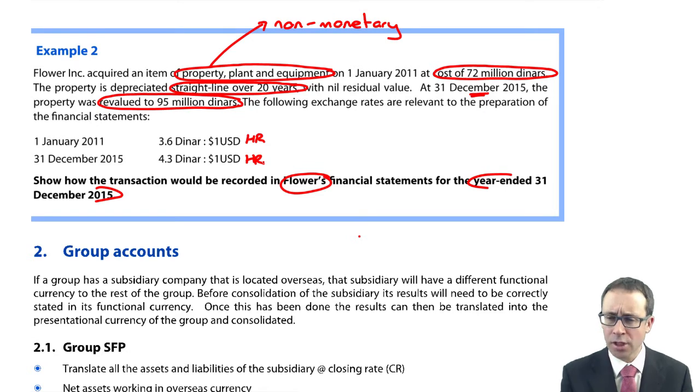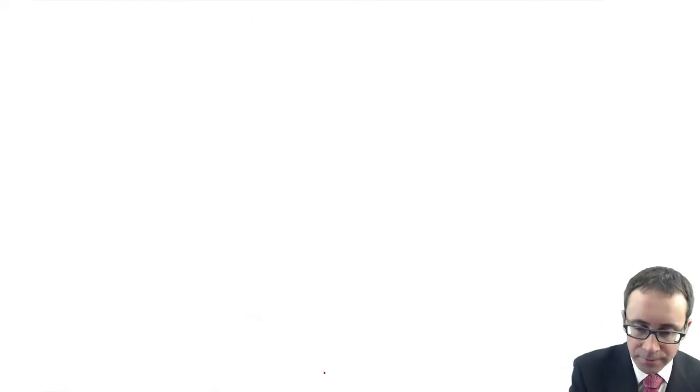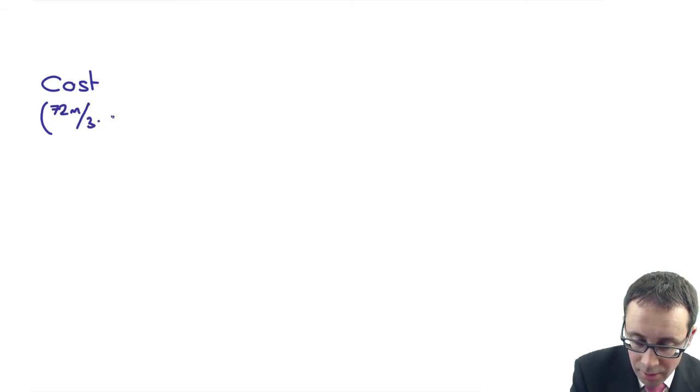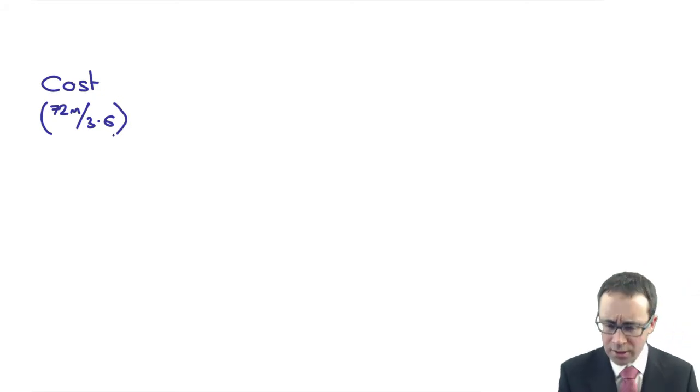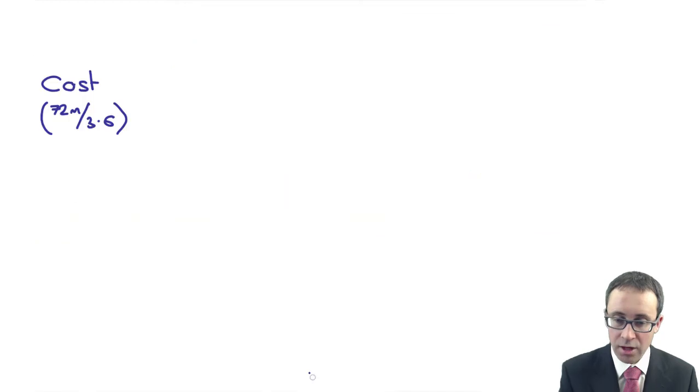Okay. So let's go through, have a look at it in terms of the revaluation. So what you've got there is that we have it based upon its cost, which was the 72 million dinars. And was it there at 3.6? Let's just double check. 72 million dinars and the rate was there at 3.6.